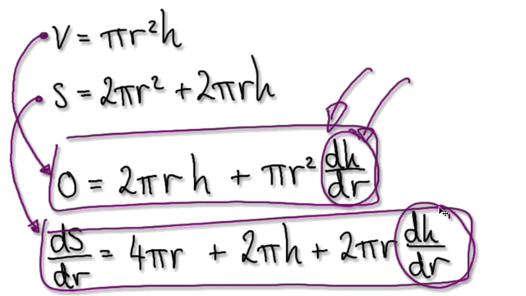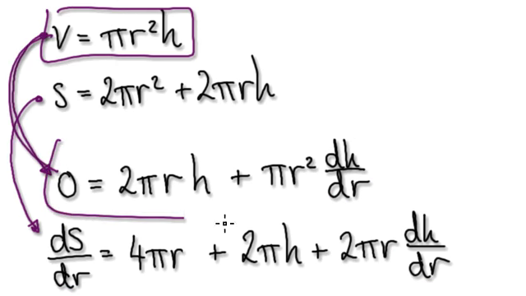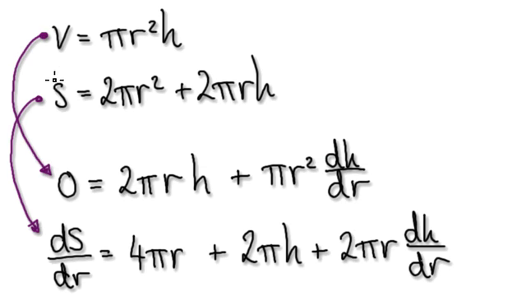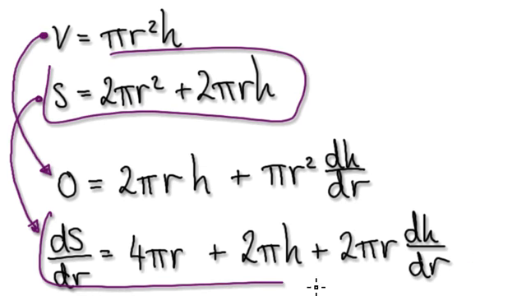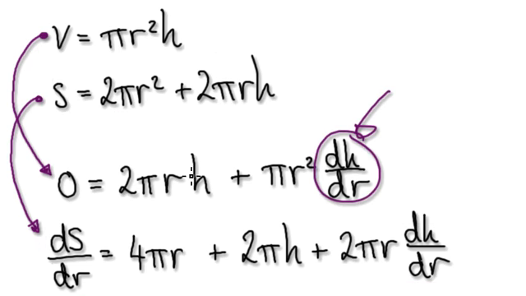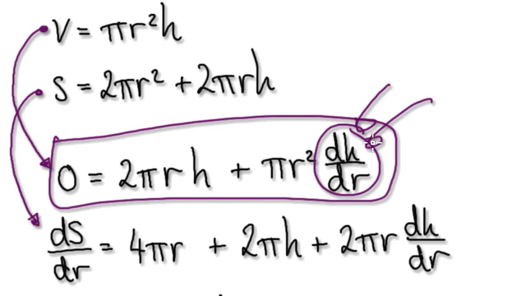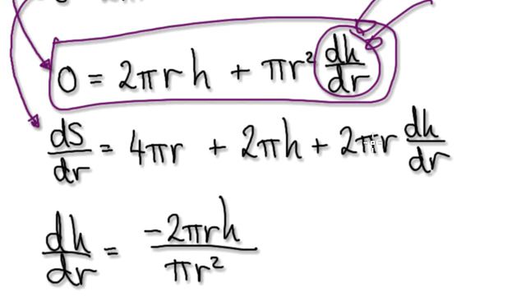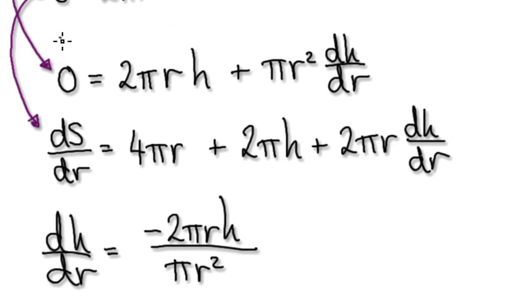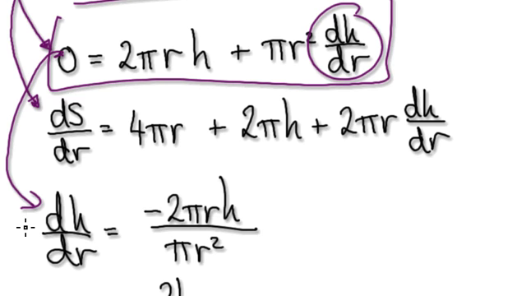Okay. So using implicit differentiation, it will then give you this. This will then give you this. Okay. So now we need to rearrange this to make this the subject here. So looking at this, make this the subject. So from here, jump to here, okay?